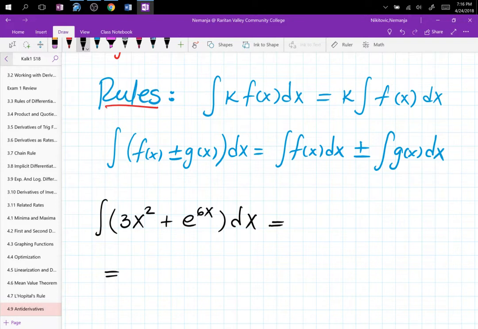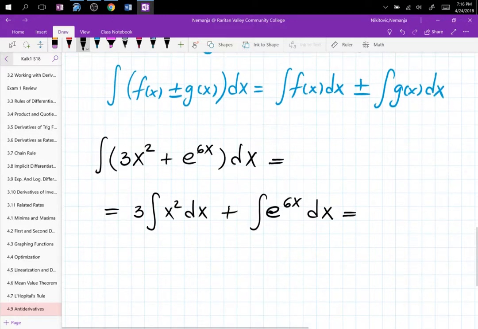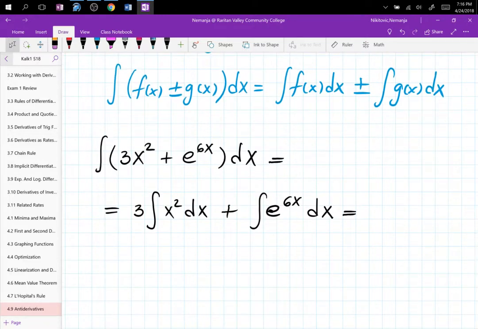So first of all, I know I can have 2 integrals because I have plus in the middle. First integral on 3x squared, but 3 is a constant, so I can kick that in front of the integral. So this is 3 integral of x squared dx plus another integral of e to the 6x dx. So my first step was, again, you'll be doing this mentally eventually, but now just separating the 2 integrals.